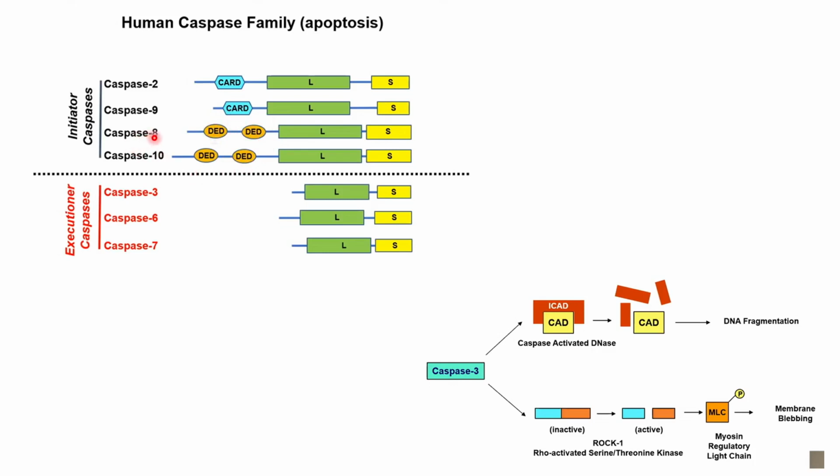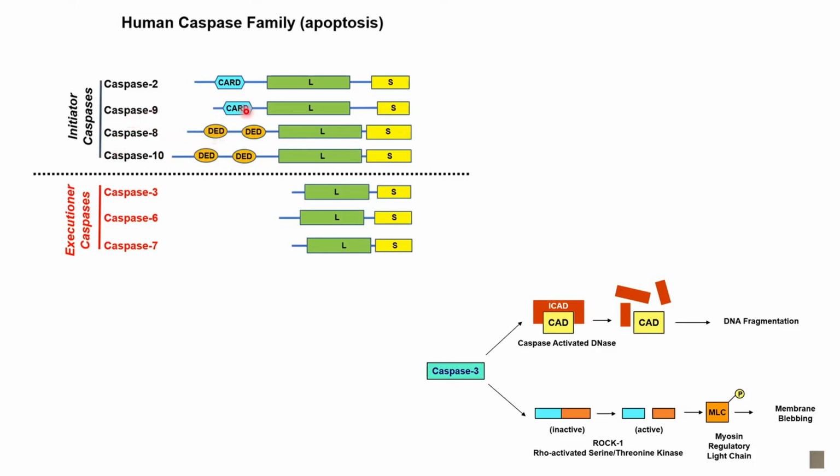So caspase 8 actually binds with the receptor present on the cell surface, the Fas receptor, through this DED domain. So the DED domain present on that receptor as well as the DED domain present on this caspase will recognize each other and help in the recruitment of caspase 8 to that receptor. Okay, so that is why this domain is important in this caspase.